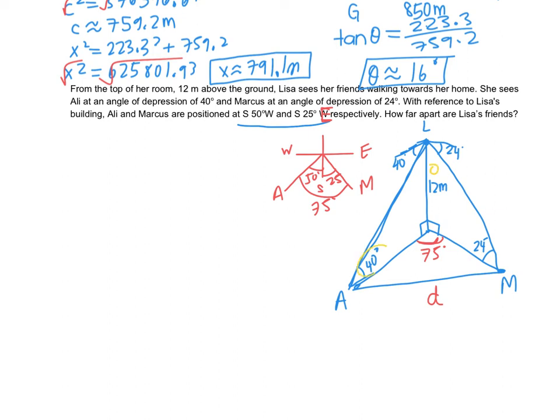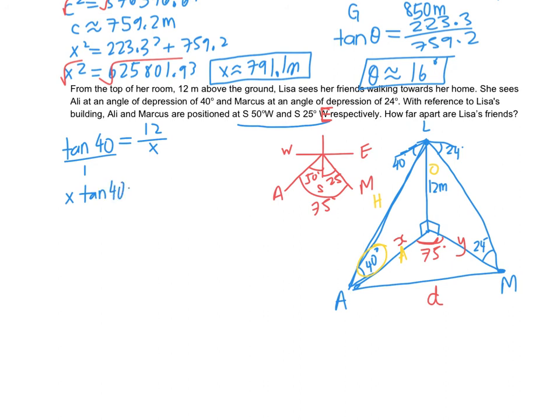So I'll start with Ali's triangle. 12 is opposite to 40. The hypotenuse is that blank side, and the side I care about is the adjacent, and let's just label that X and this one Y. So opposite and adjacent, that is tan. So tan 40 degrees equals opposite 12 over adjacent X, and then we can cross multiply.